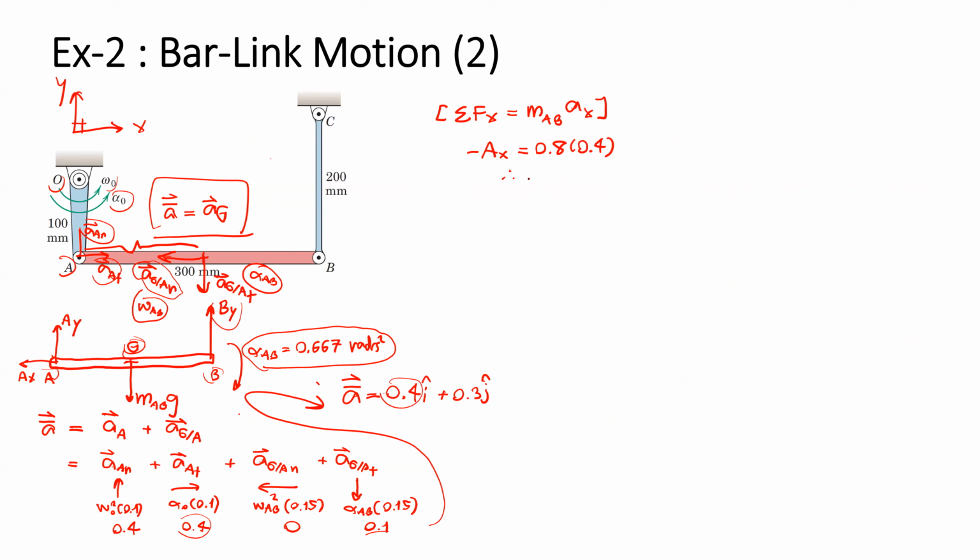So AX is minus 0.32 Newton. It means the direction we assumed is incorrect.